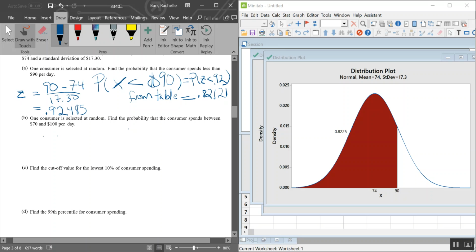So, for B, what we want to do is find the probability that they spend between $70 and $100. Okay. Let's do that using Minitab.